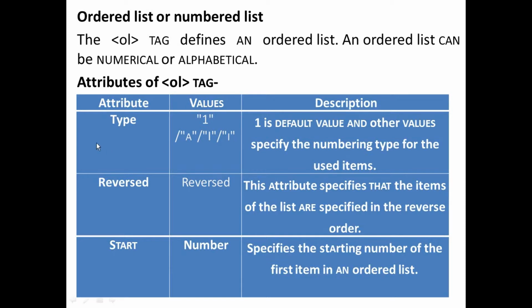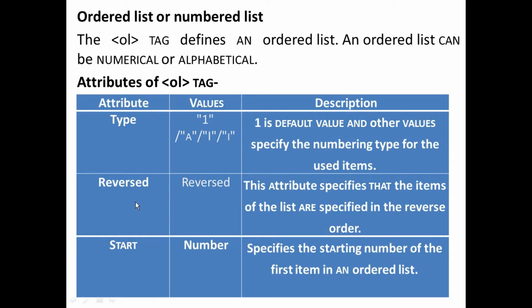So let's see what the type is. Basically, type means where you want to start: 1, A, Roman, small. 1 is the default value, and the other values specify the numbering type for the list items.